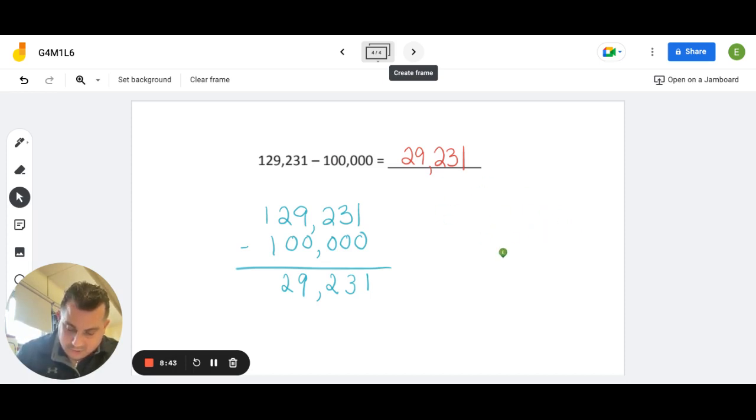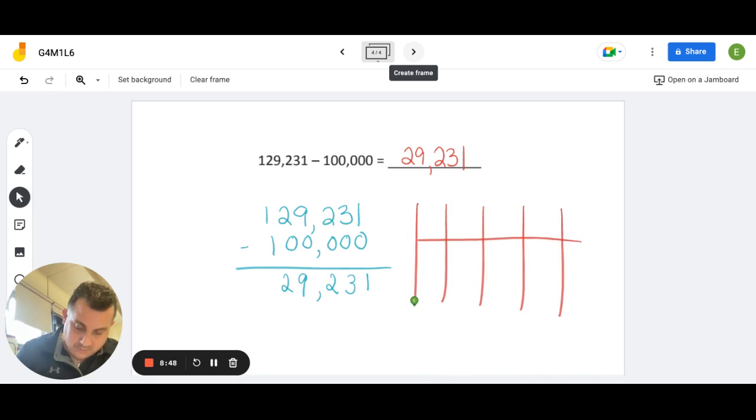Which is what we would have done if I would have drawn my place value chart. I'm going to go here, 100,000, 129, if we would have went, we have 100,000, 2 for the 20,000, 1, 2, I skipped. See, that's what happens when you rush.